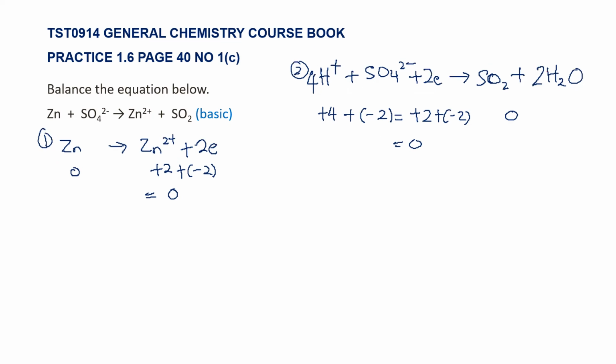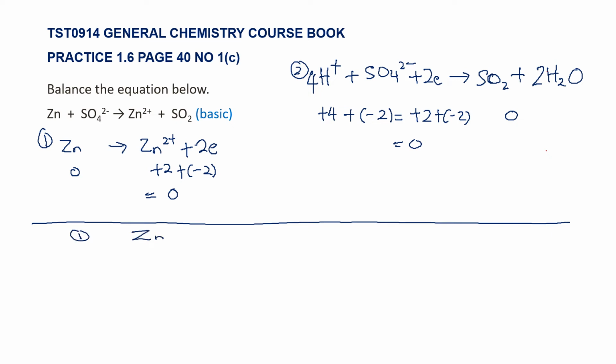Alright, next step, we add together the two half reactions and balance the final equation by inspection. The number of electrons on both sides must cancel out. So we rewrite equation 1 and equation 2 below here. Equation 1: Zn produces Zn 2+ plus 2e-.